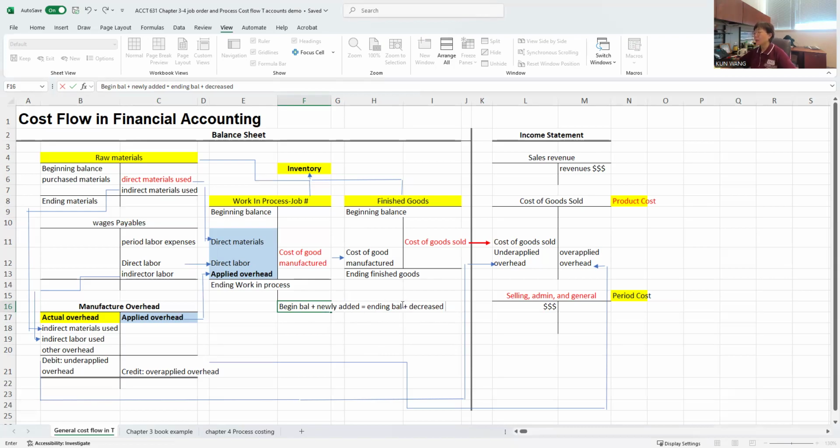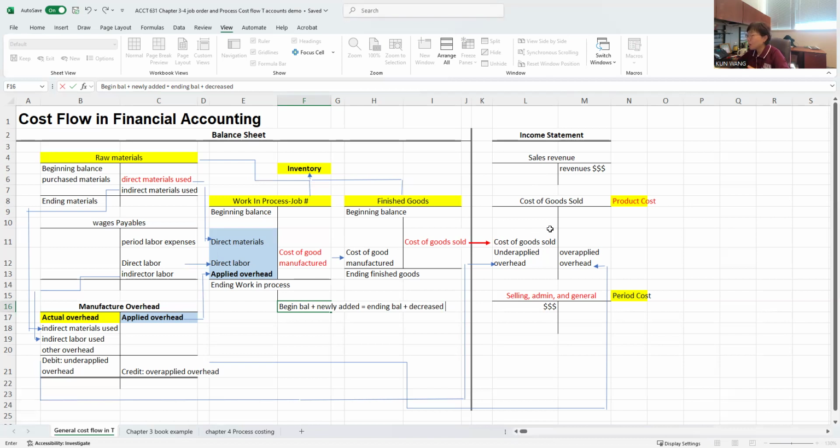So if you see this formula or equation, if we know any three of them, we can figure out the missing one. After the cost of goods sold leaves the finished goods, physically, those are the units we sold and shipped or delivered to the customers. Following the physical flow, the cost of those units will flow to the income statement. That's the link.